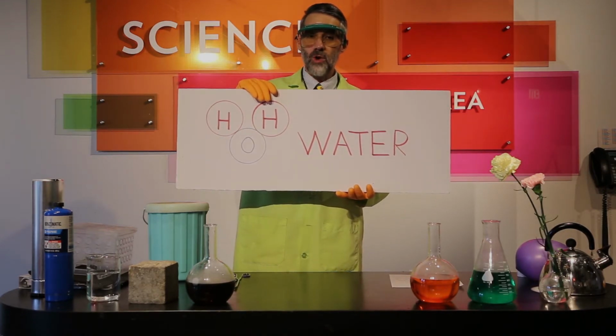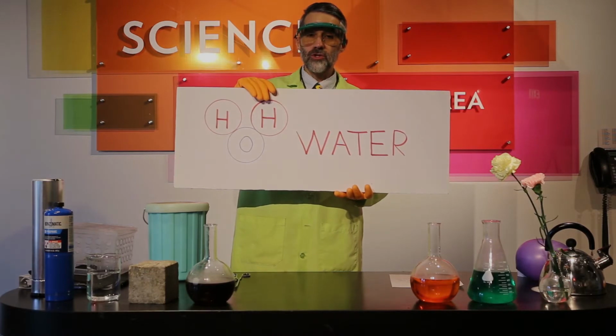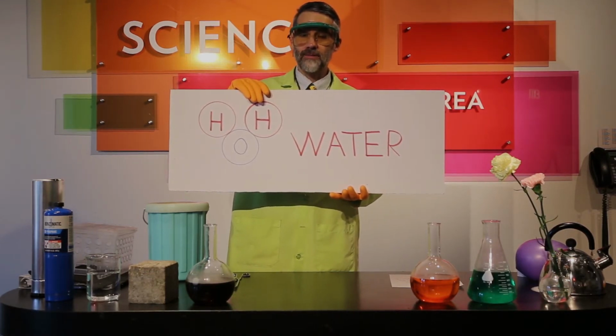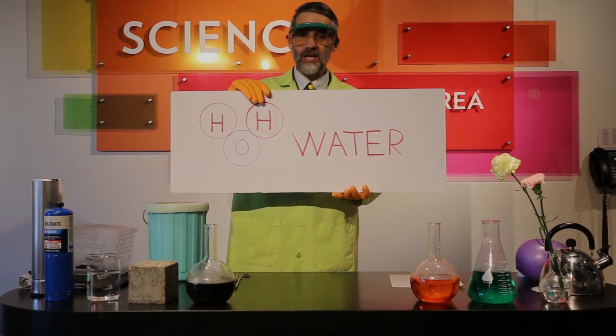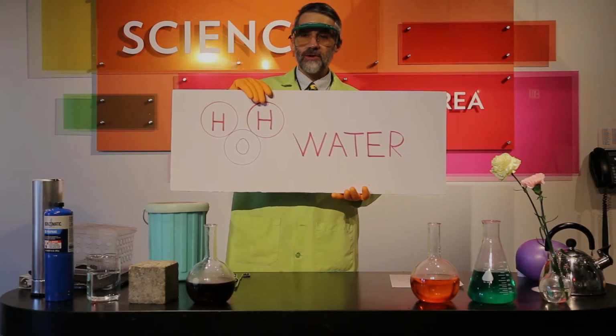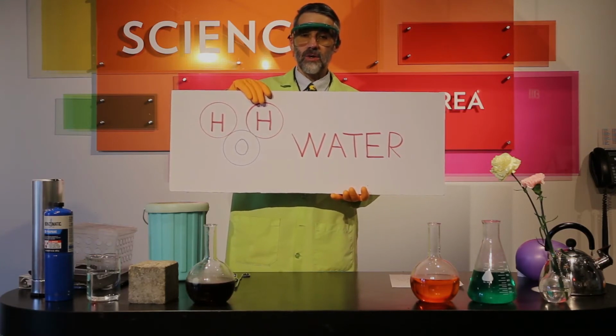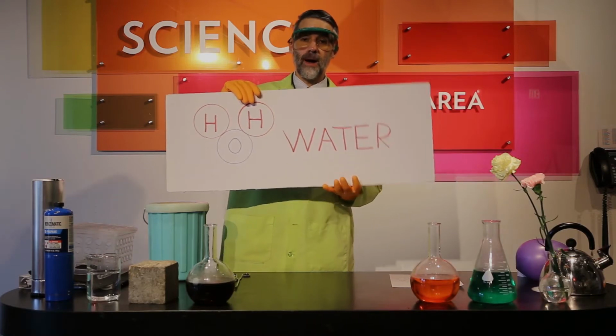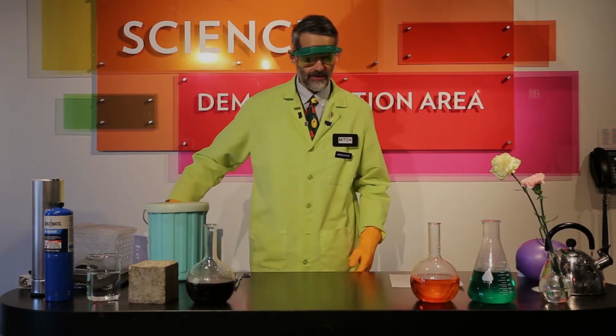It's H2O, two hydrogens and one oxygen atom. When you put those two hydrogen atoms together with an oxygen atom, you get water. It's a great example of a molecule. Nitrogen is a molecule as well, and it generally exists in the air as N2, which means nitrogen, nitrogen, or two atoms of nitrogen connected together.